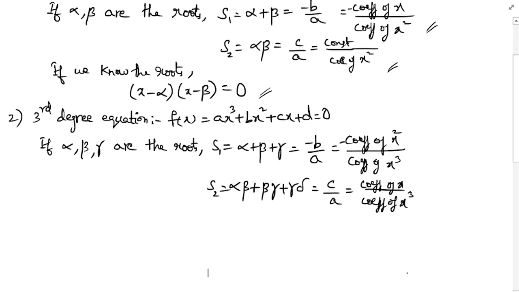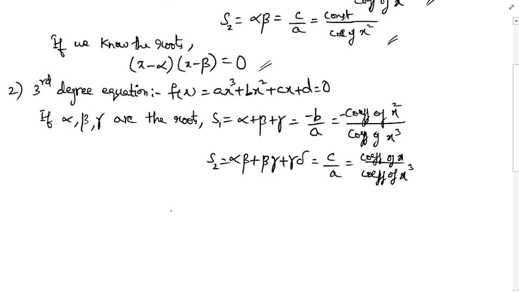Then S3, that is the product of the roots, alpha beta gamma, can be written as minus of the constant value, minus d by a. Okay, so that is the constant divided by the coefficient of x cube.